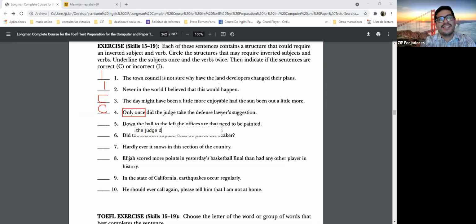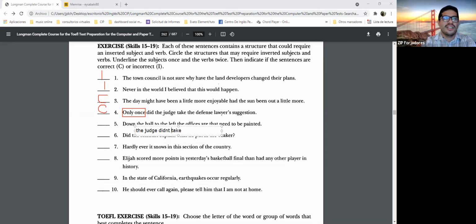I think that if I were you, or if I have to say this sentence in another way, I would say the judge didn't take, never, or sorry, the judge never didn't take, right?